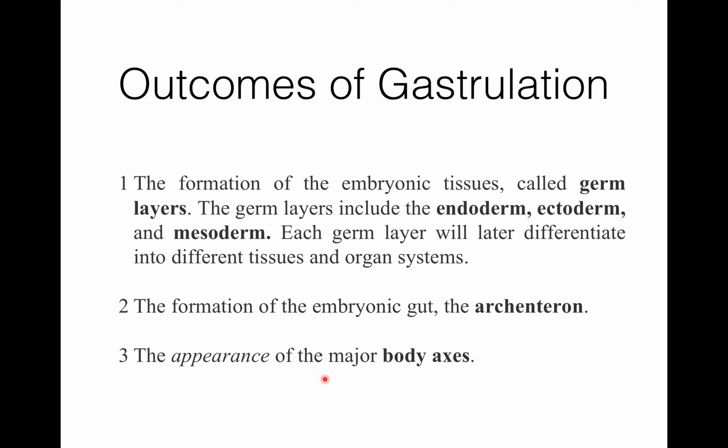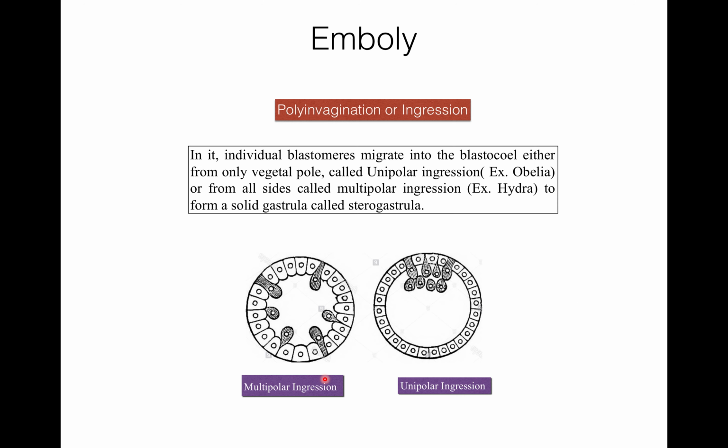And gastrulation sets the stage for formation of prospective embryonic structures that arise from the three germinal layers like neural plate, tube, notochord, mesoderm, endoderm. So this is about gastrulation.